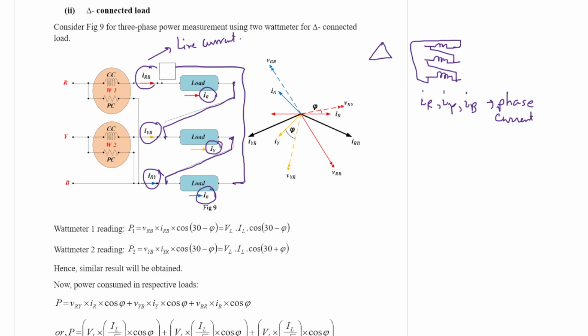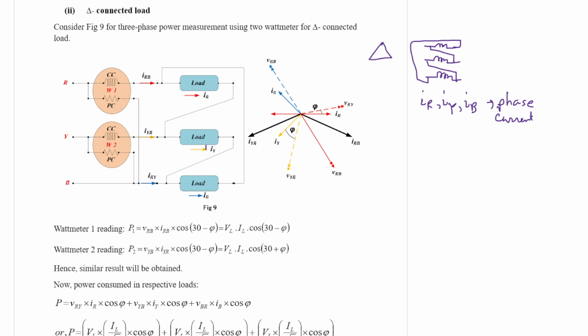Now if you carefully look into this figure, at this node IRB is entering and this IR is leaving, and from this side IB is entering.